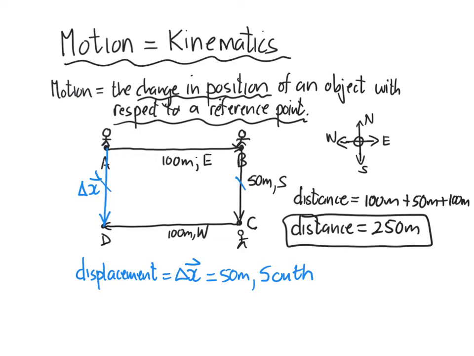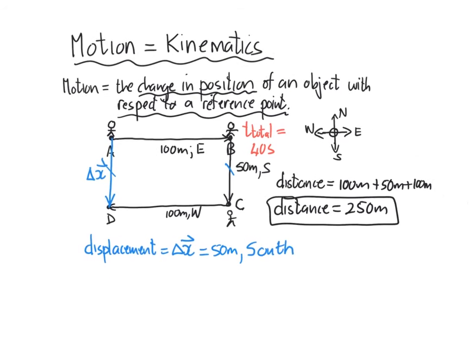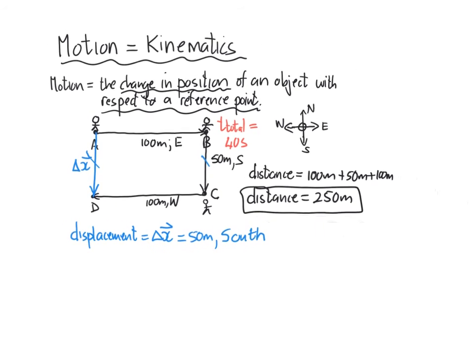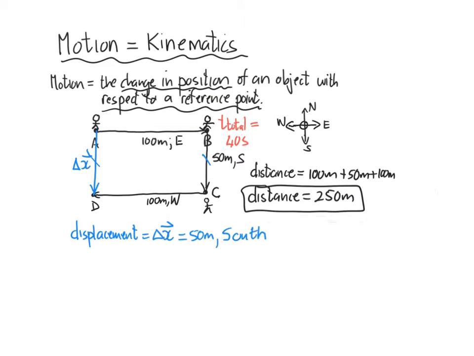So if we now assume that the total time that it took for this person to walk from A to B to C to D is 40 seconds, we then are able to work out the speed and the velocity.